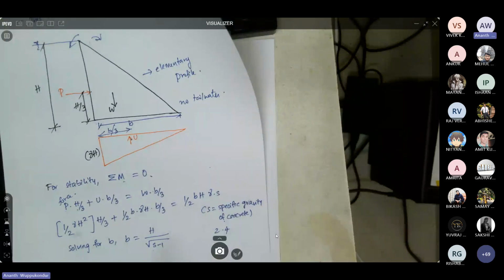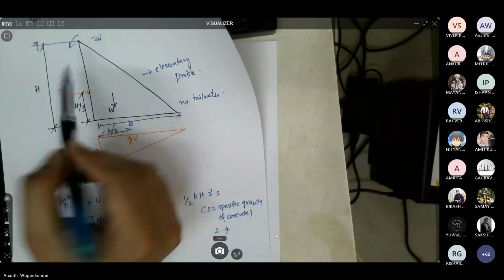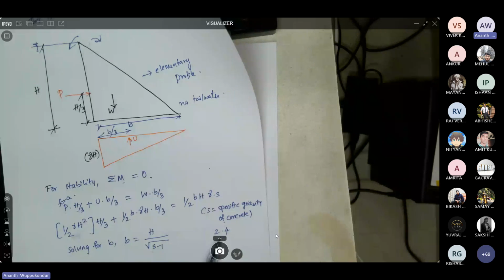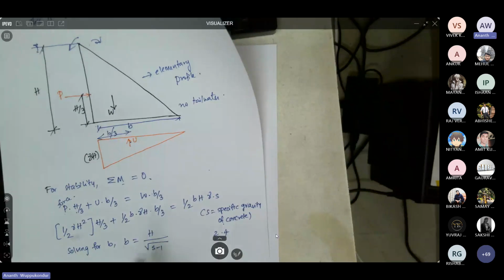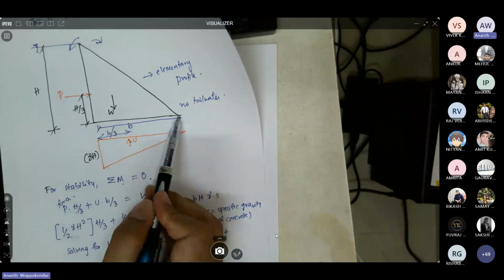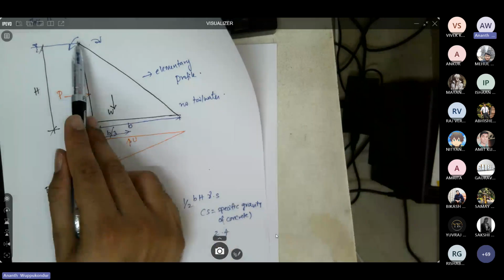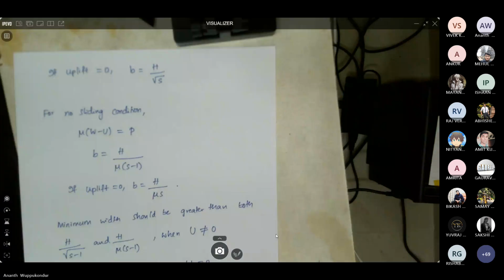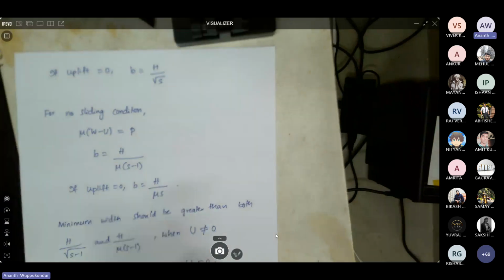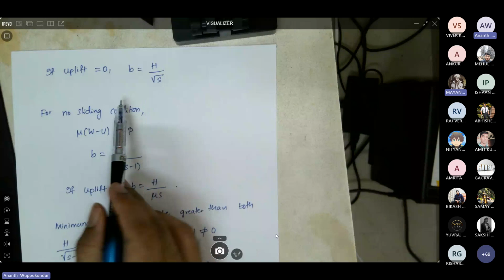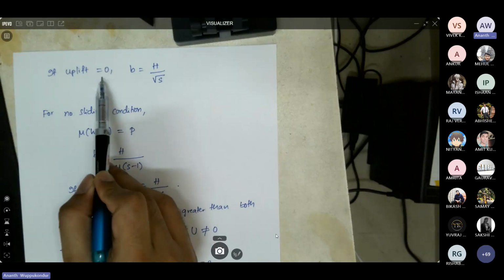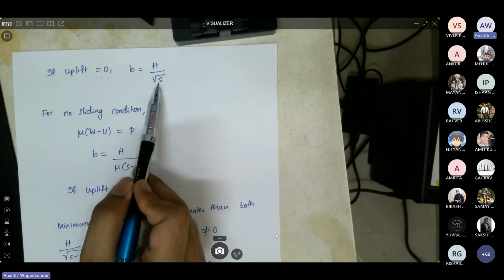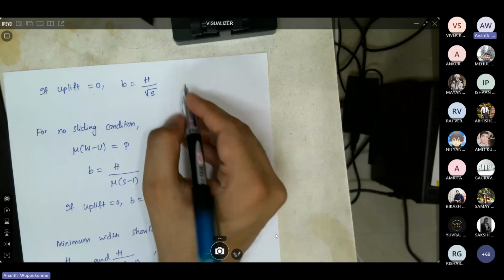So you can calculate the base width if you know the upstream water level and the type of material, for example concrete. So now you have the dam dimensions. If we neglect the uplift pressure, then it simply becomes h by square root of s. So this is the bottom width.